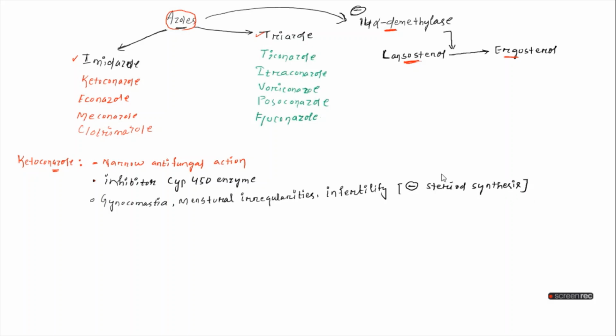Okay, if we talk about fluconazole, it has maximum oral bioavailability, and can penetrate our central nervous system.